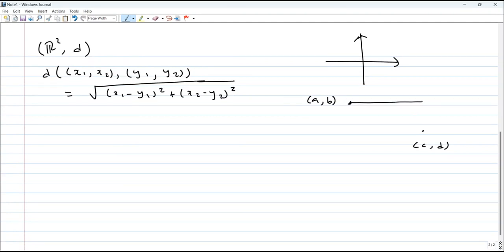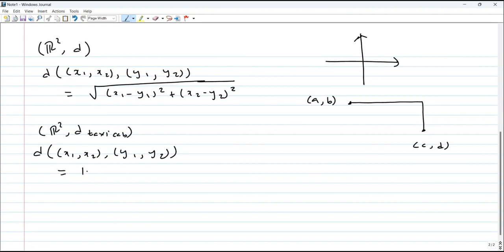So let's call this d taxi cab. Let's call that d of (x1, x2) comma (y1, y2) would be equal to, now here it will be the sum of the absolute values of the components, |x1 minus y1| plus |x2 minus y2|.